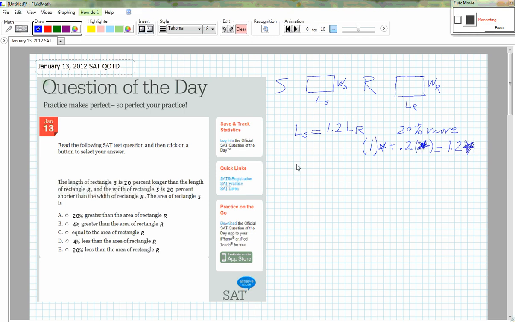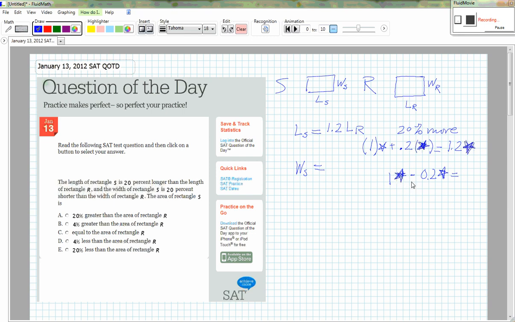So that's one equation. And then the width of rectangle S, so W of S, is 20% shorter than the width of rectangle R. So when I say I'm 20% shorter, similar thing, I'm something, star here, but I'm 20% shorter, so 0.2 times star.